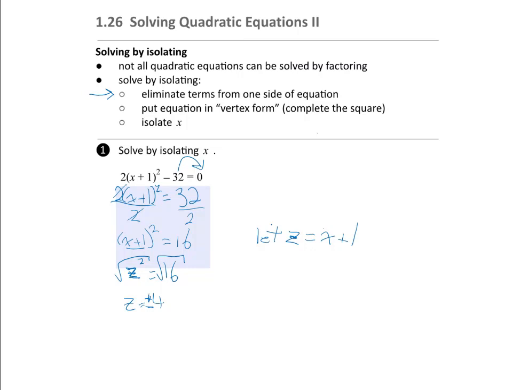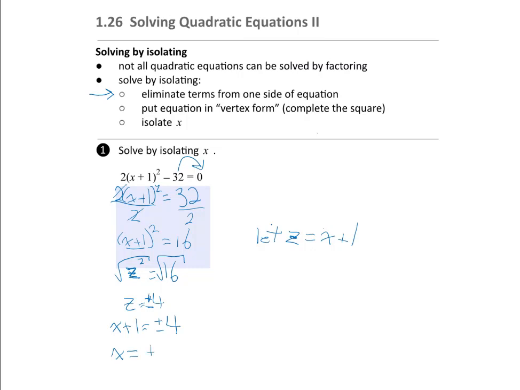Now, we need to sub back in what was in the brackets, and we get x plus 1 equals plus minus 4. Which means that we have x equals two different things. Because we're going to move the 1 over, and that means it's going to be negative 1.